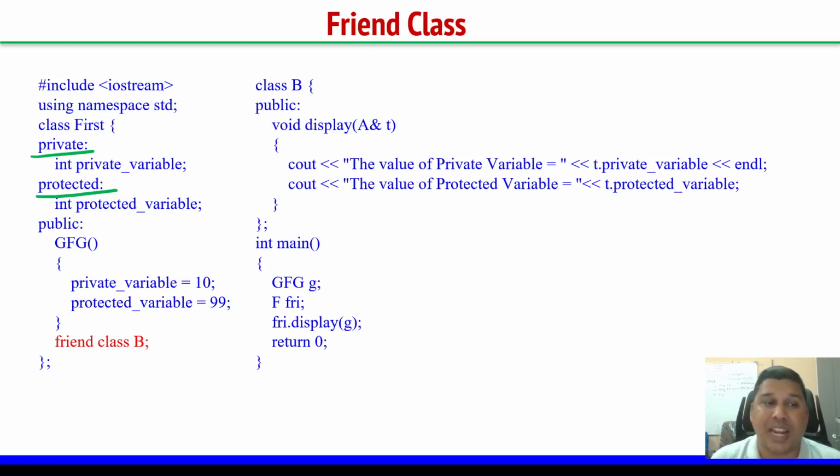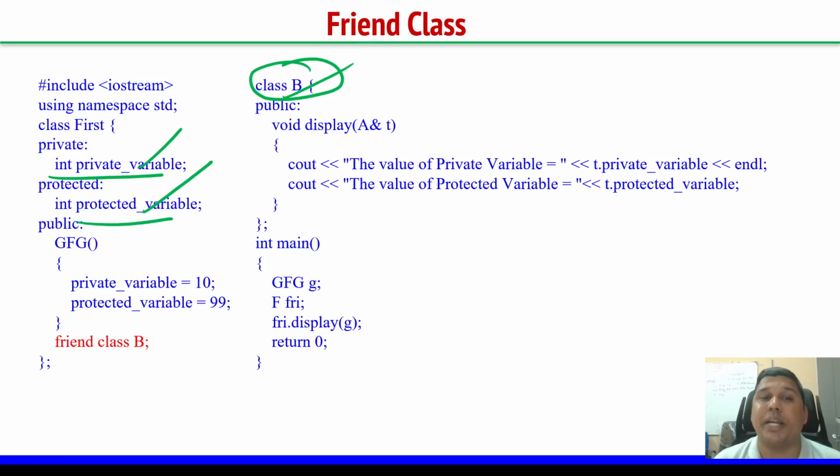Generally, when we talk about the private access specifier, we say that a private variable cannot be used outside the class. But here, since we are saying that first and B are friends, in that case you can use these two variables, private and protected, using the object of class B, or you can use these two variables inside class B.